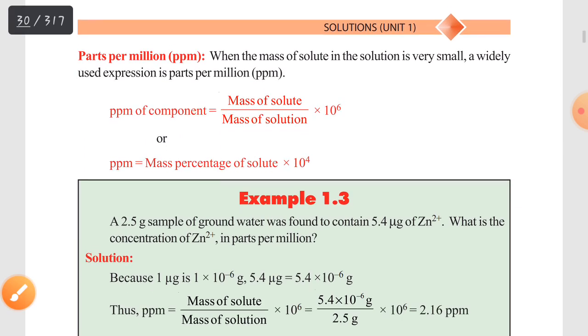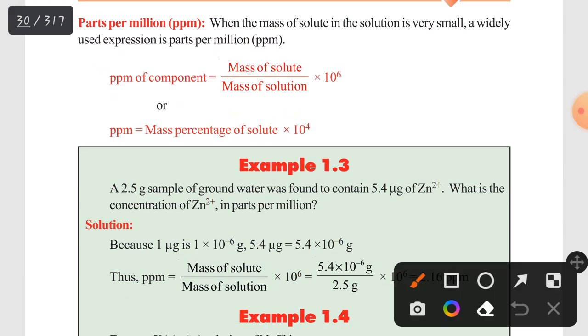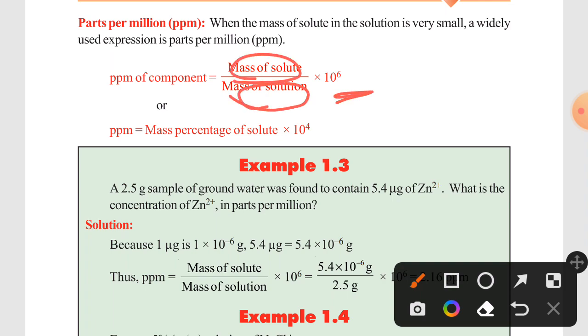Parts per million when the mass of solute in the solution is very small. Maasiin solutiin solutionii sana keessa jiru hammamtaan isaa baay'ee xiqqoodha yoo ta'e parts per millioniidhaan ibsina. So parts per million of component is equal to mass of solute over mass of solution times 10 raised to 6. Dura dhibbaan baay'isne. Dhibba jechuun 10 raised to 2 dha.